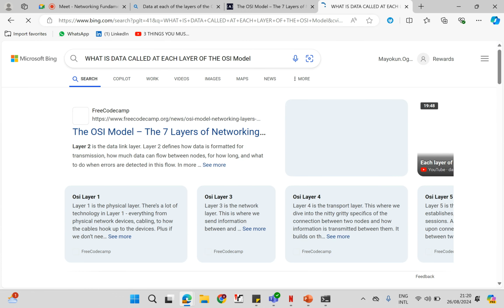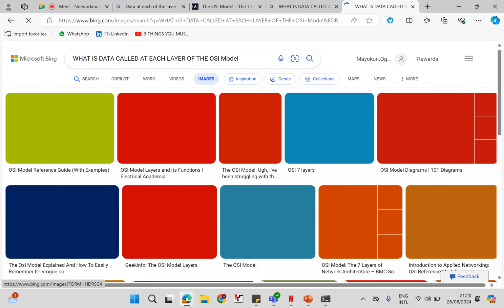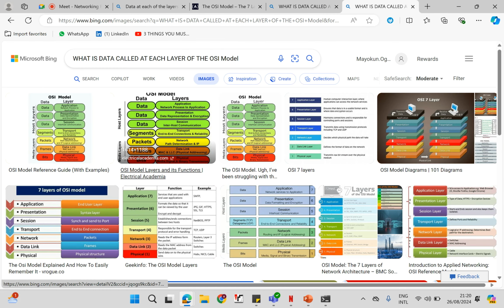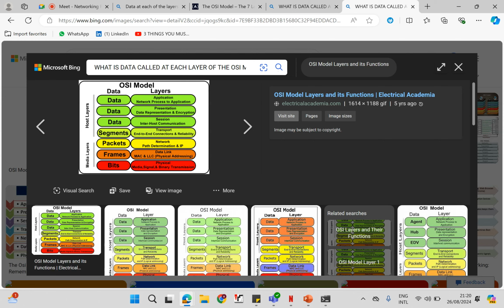This should give us an image to that effect. So this is it. We have bit, frame, packet. At layer 1 it is called bit. At layer 2 it is called frame. At layer 3 it is called packet.